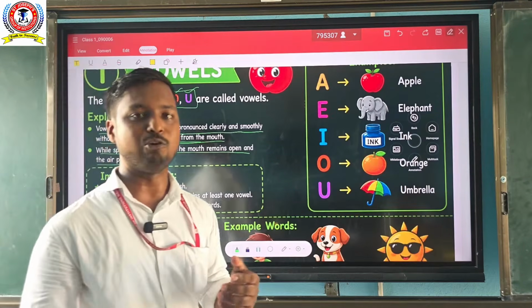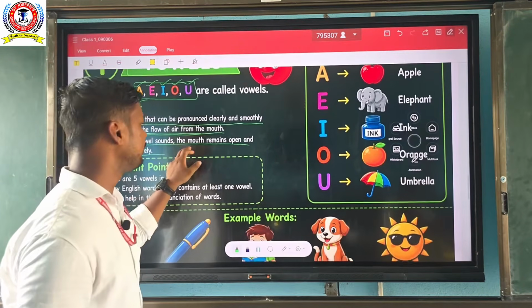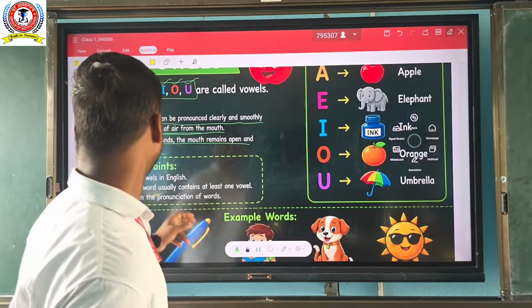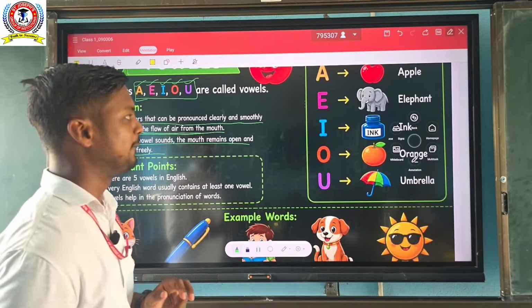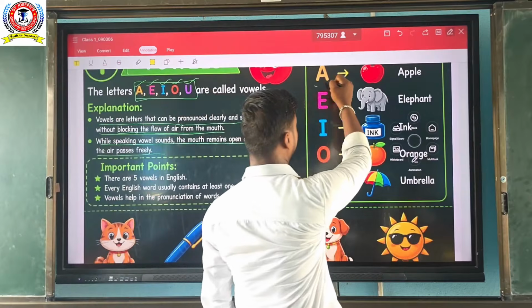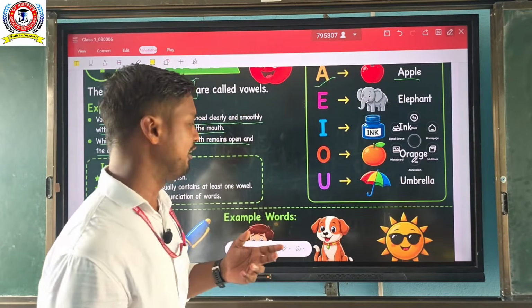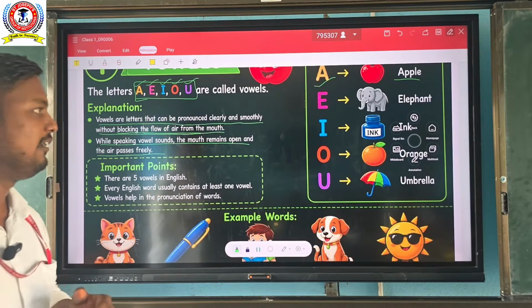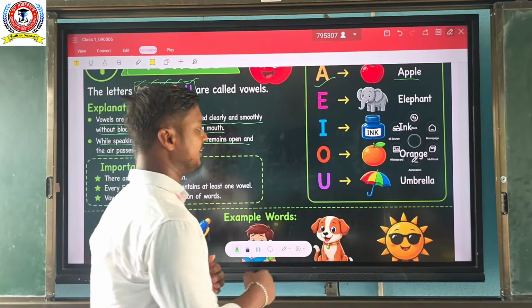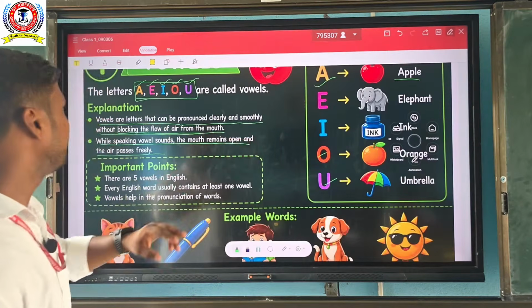When you are saying A, E, I, O, U, the mouth remains open and the air passes freely. For example, apple: when you say apple, your mouth opens and air passes freely. Elephant, ink, orange, umbrella. These are the vowels.